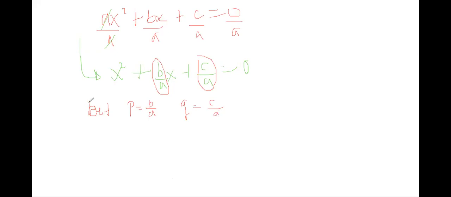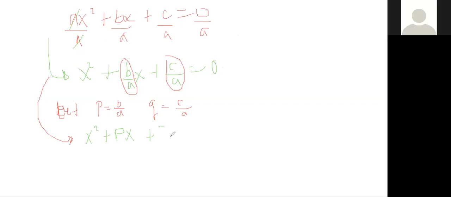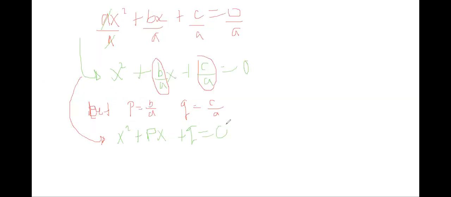Since we let these represent b over a and c over a, we can restate our equation again and say x to the power of 2 plus b over a, but we said b over a is equal to p, so we bring the p here, x plus c over a, which is represented by q. So we write q equals 0. We have this as a standard quadratic equation.